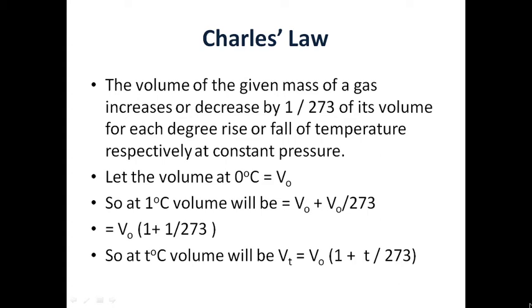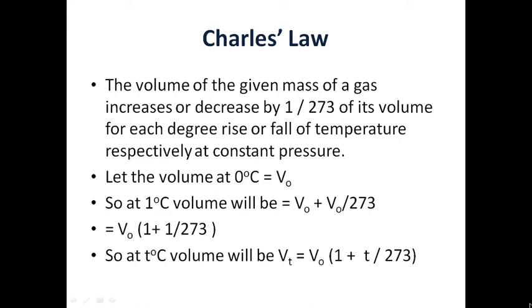For example, if the volume at 0 degree Celsius is V0, then at 1 degree Celsius the volume will be V0 plus V0 by 273. At minus 1 degree Celsius the volume will be V0 minus V0 by 273.